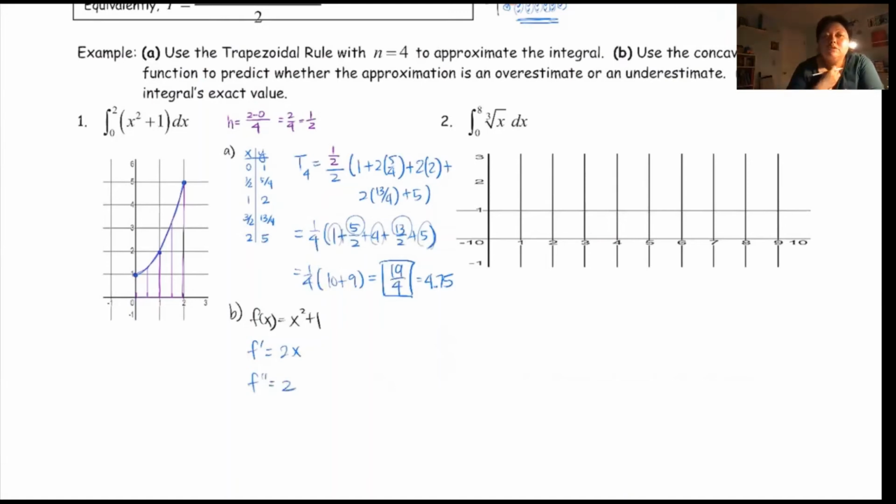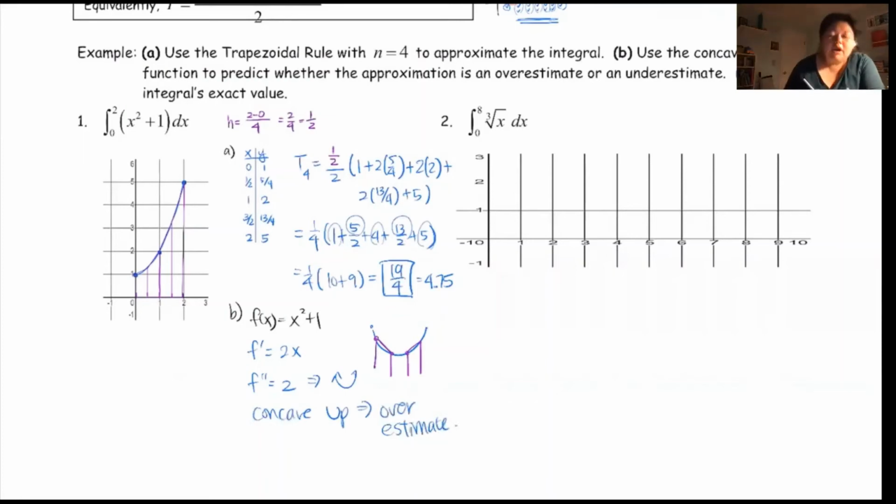There's no x. 2 is always positive, so therefore this is always going to concave up. Now we drew our exaggeration. You might want to do it again right here. If it concaves up, no matter which side you are on, whether you're on the left side or on the right side, you see you are always going to overestimate. So because it concaves up, this is an overestimate.